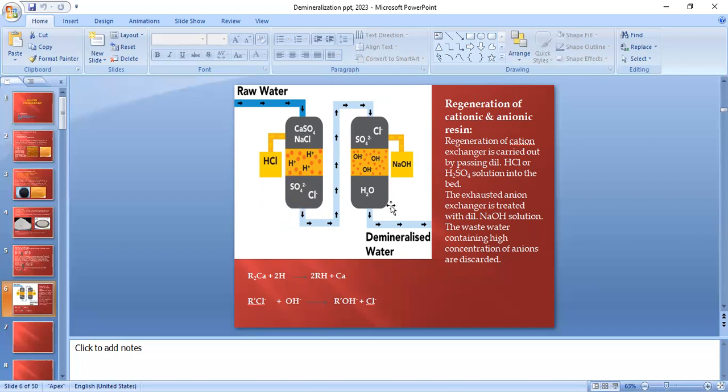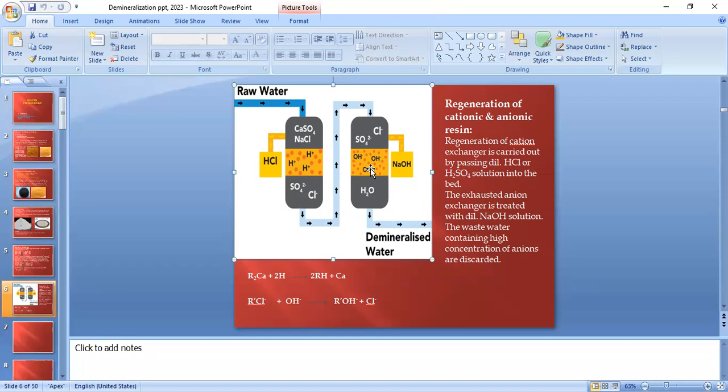Now, this water is allowed to pass through a second one, that is anion exchanger. And this has a replaceable OH. So the OH comes out of the anion exchanger and sulfate is retained by the resin. And thus we get H plus and OH minus as H2O, which is known as demineralized water.